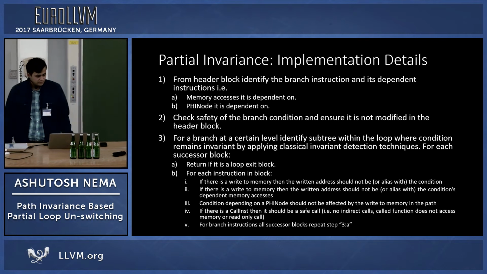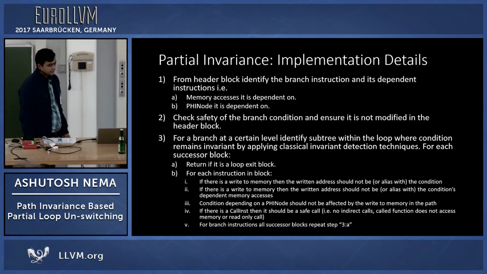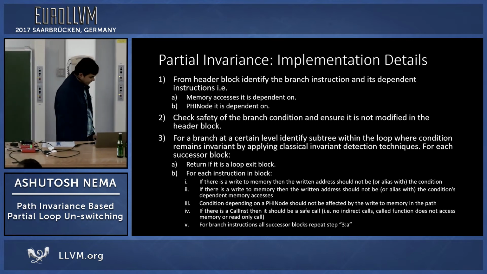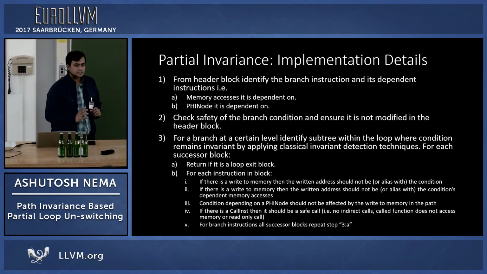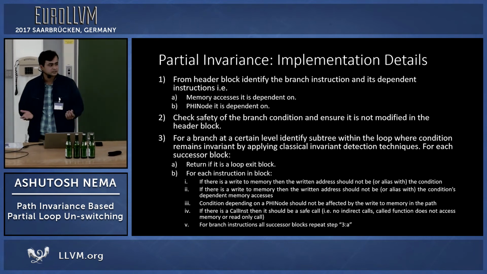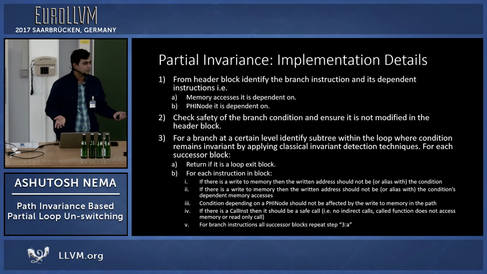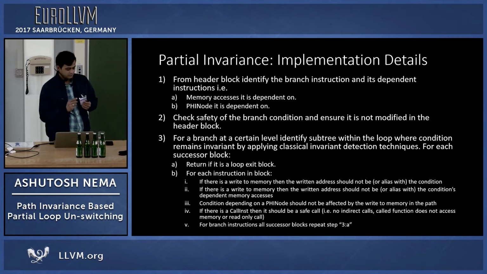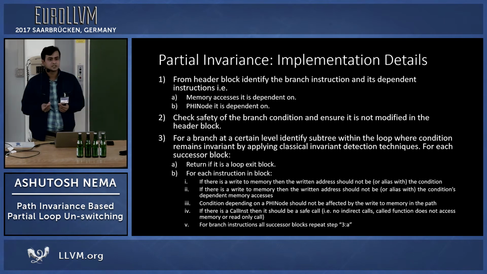So these are some high-level details about how we are identifying the partial invariance. A loop has a header block. At the end of the header block, you have a condition, and that condition further goes to multiple blocks. We'll start with the condition and check what the dependent instructions of this condition are.